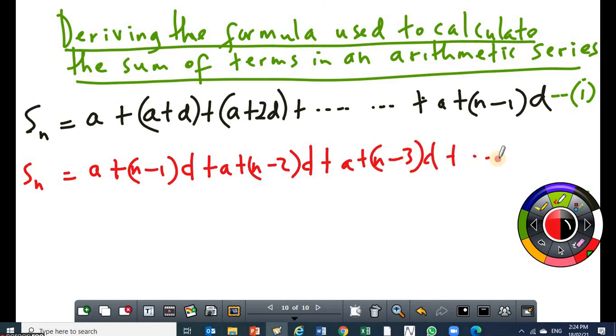Then plus, plus, up to the last term, which is going to become a, because a is the first one, so it becomes the last when I rewrite that equation. I can call this one equation 2.